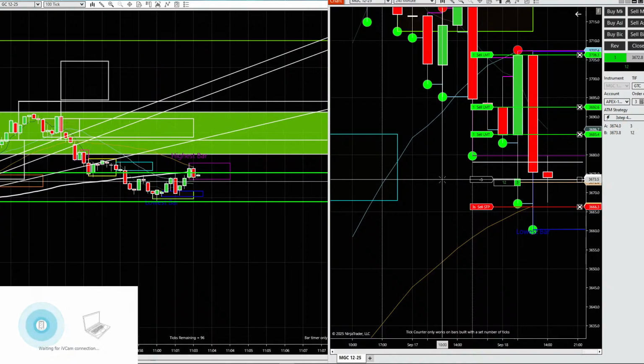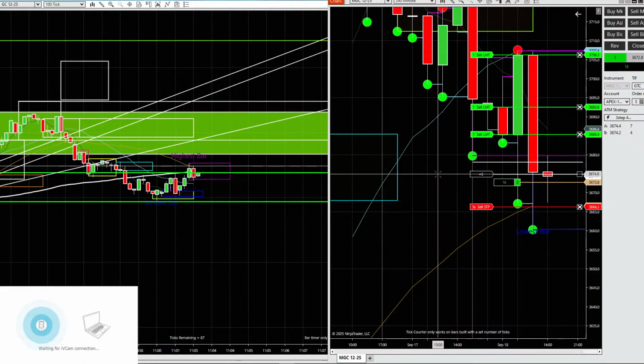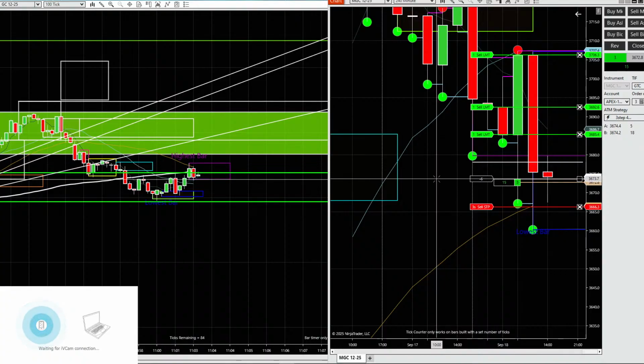That was even, so kind of hard to say on that one. Probably more bearish than bullish because it didn't go. I mean, it closed even, but the wick went further down than the other one did.